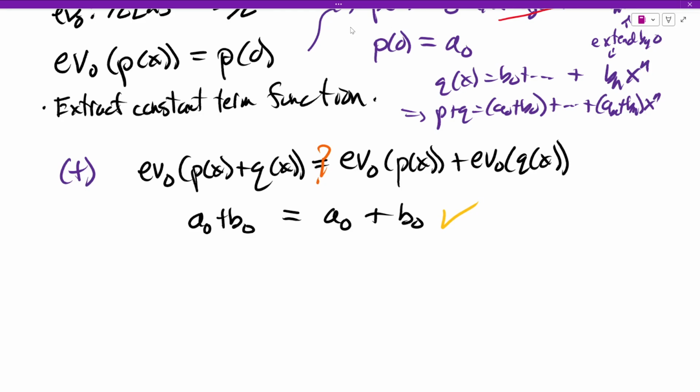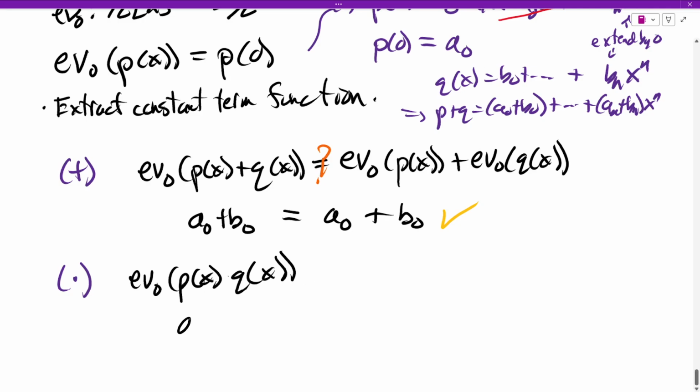The next thing we have to check is if it's compatible with multiplication. Now, I'm going to skip a step here. I'm not going to write out P times Q because we know what the constant term of P times Q is. It's the constant term of P times the constant term of Q. So this left-hand side, before I even write out my question mark, is A0 times B0.